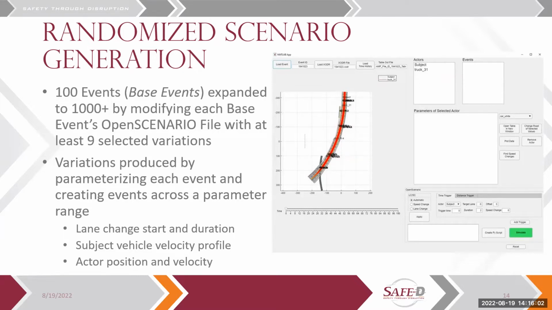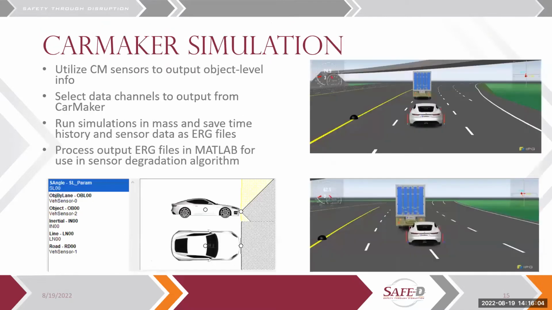So after we had those 1,000 events, we ran them in CarMaker, and you're able to specify these different sensors within the simulation. They have specified field of view and ranges, and you're able to match those parameters to the sensors that you're trying to model.